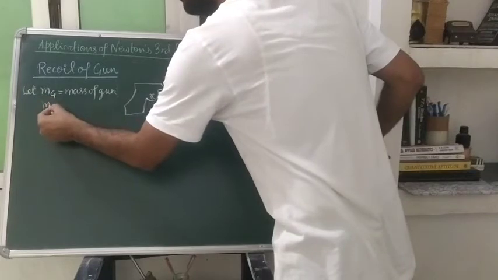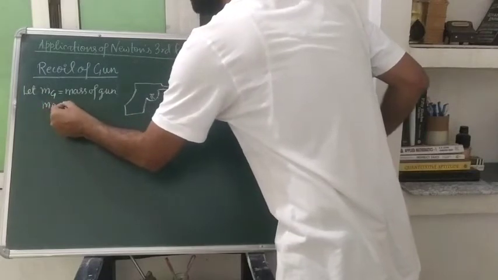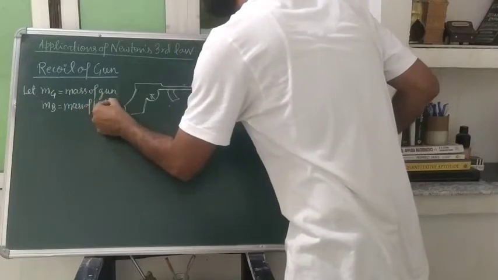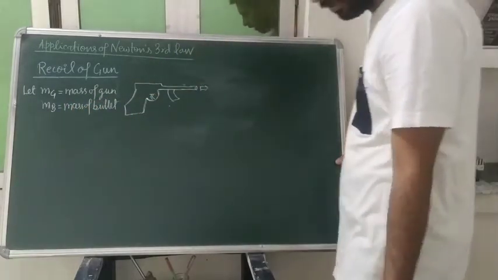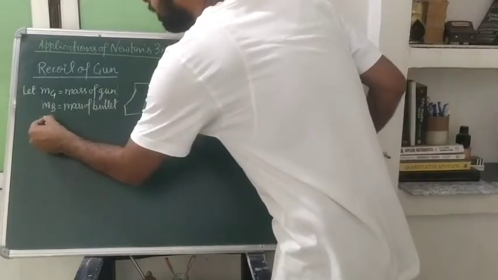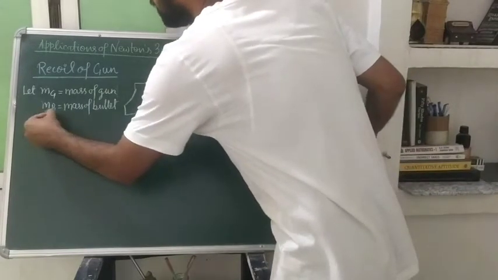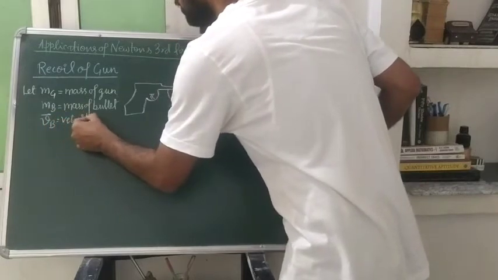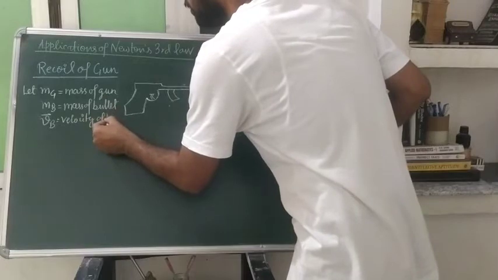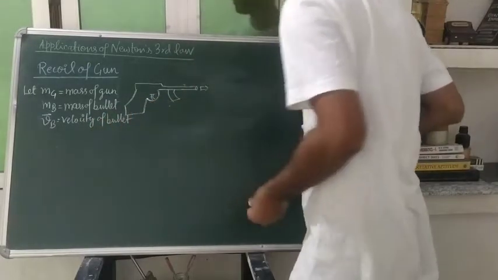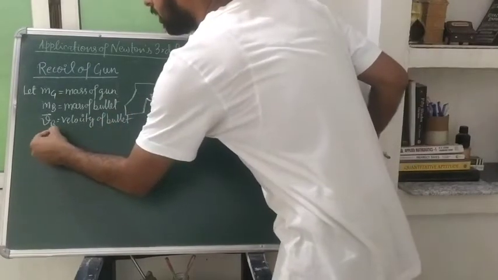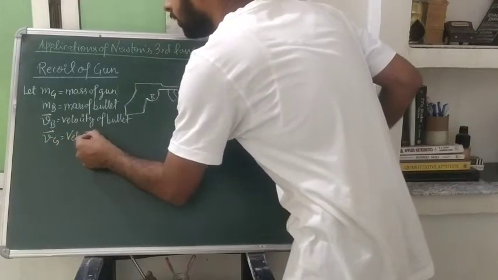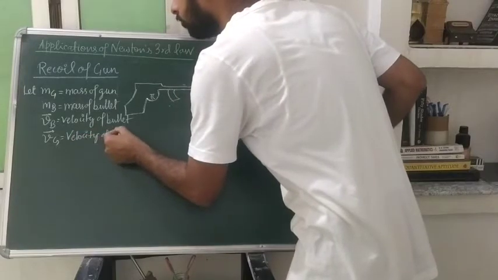Small mb represents the mass of the bullet, and small vb is the velocity of the bullet, and small vg is the velocity of the gun.